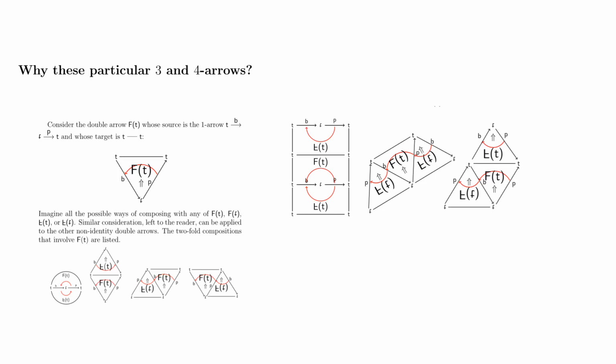We can compose it globularly as in the left-hand disk, or we can form these 2 skew compositions on the bottom right of the left-hand slide. We can also form the threefold compositions. So these are all the threefold compositions that we can form that involve F of t.